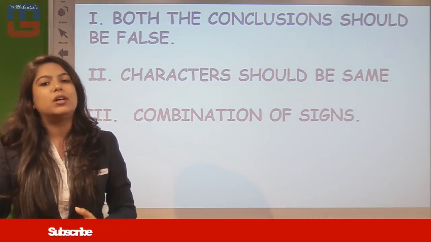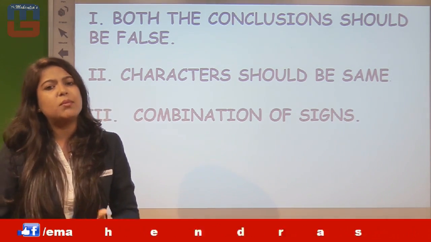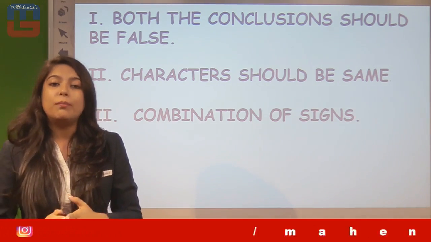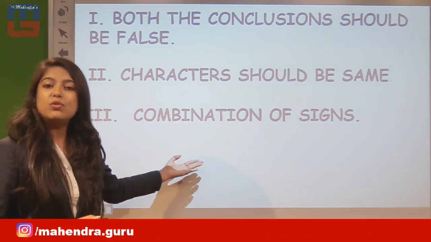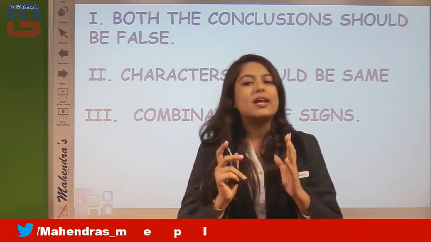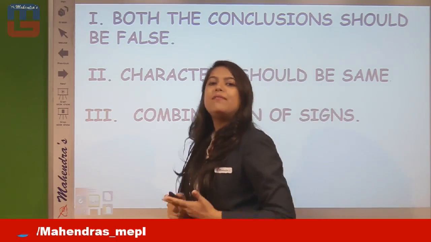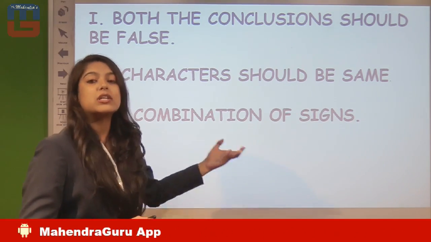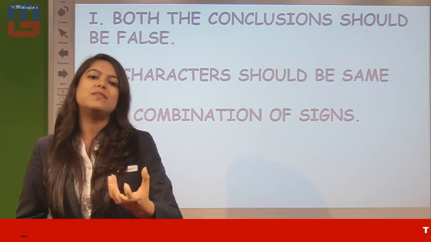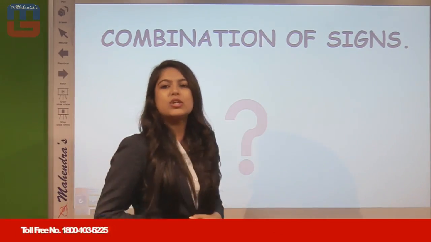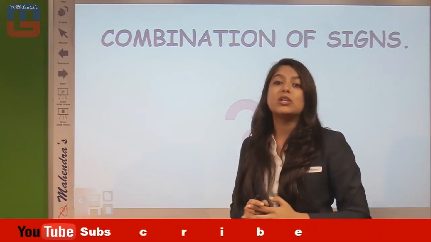Now the third condition which you have to recollect while doing the question is the combination of signs. This is the most important part, because it declares why we are claiming the condition to be either or. What do you mean by combination of signs?